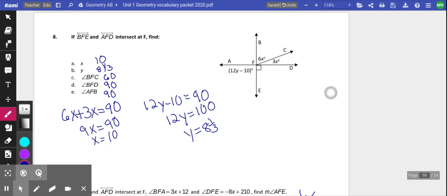In fact, we have 4 right angles there. We're going to use the fact that it's a right angle and that 6x plus 3x add together to be 90, which gives us x equals 10. And then 12y minus 10 equals 90, which means y equals 8 1/3. BFC then is 6 times 10, which is 60. And then the other 2 are just the fact that it makes a right angle.